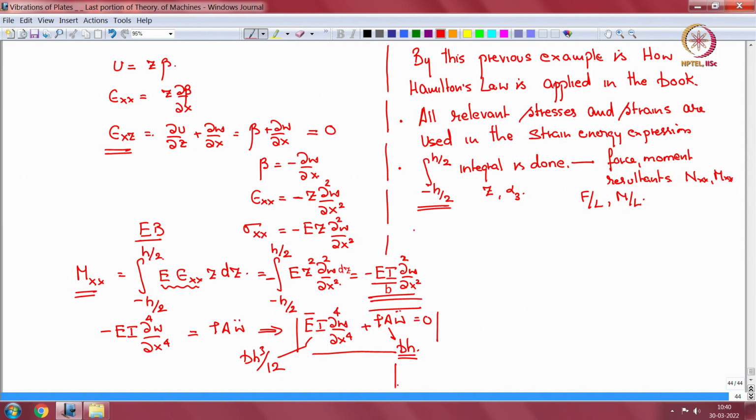Then rotational inertia is ignored from the kinetic energy term. And then towards the end, the shear strain 0 condition is used.